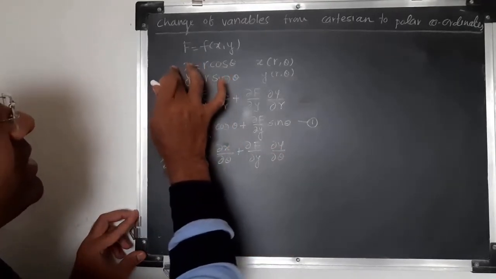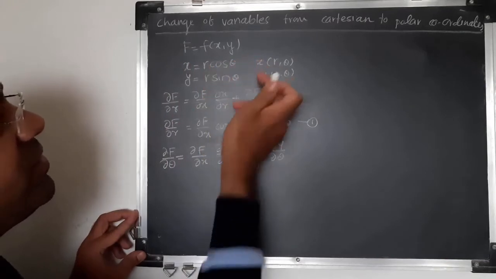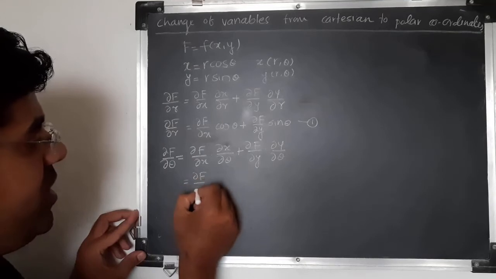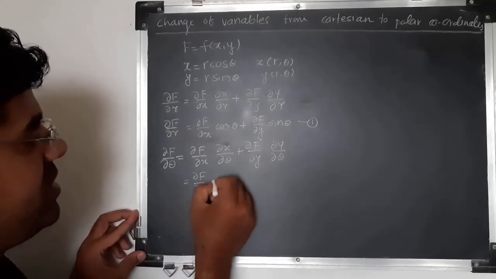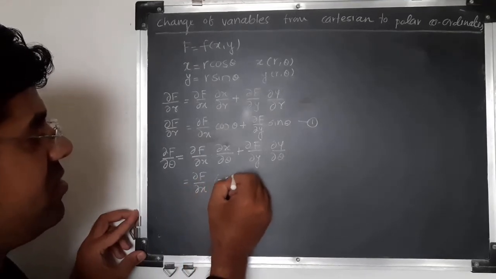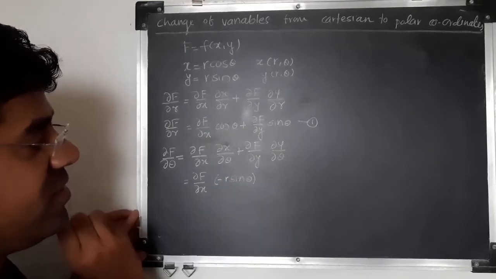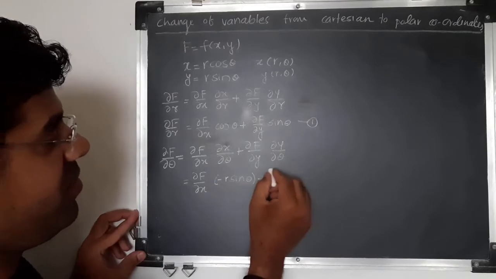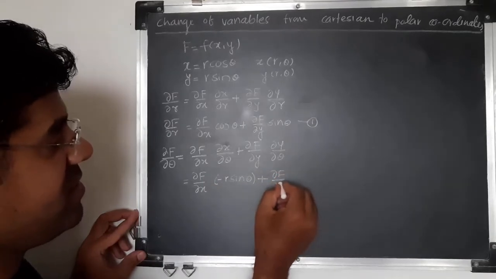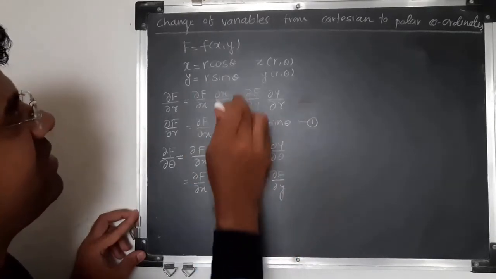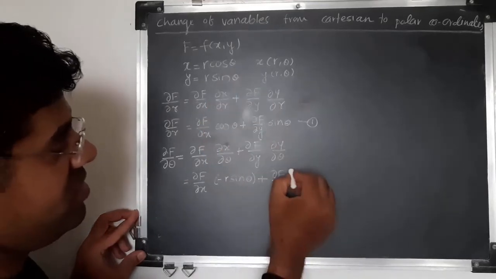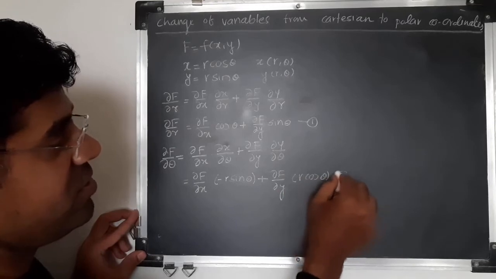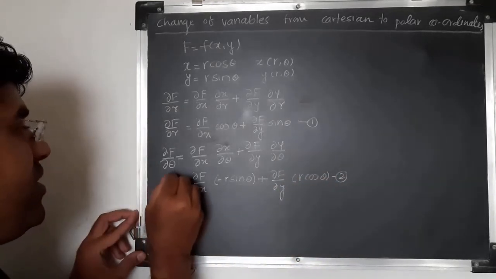Again, we know ∂x/∂theta, the derivative of cos is minus sin, so I can write ∂f/∂x into minus r sin theta, plus ∂f/∂y as it is into ∂y/∂theta, the derivative of sin is cos, so we get r cos theta. This is equation number 2, ∂f/∂theta.